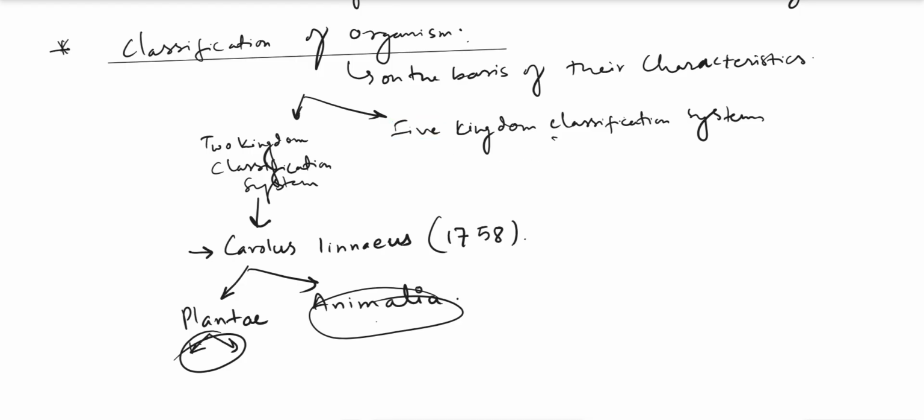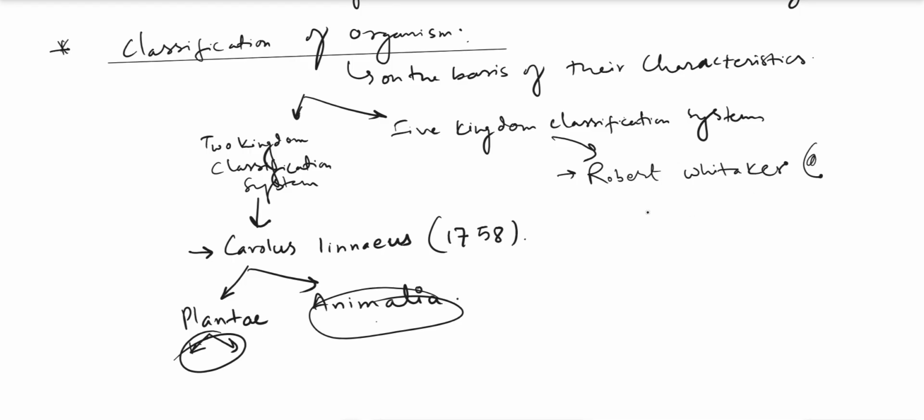Now, the next one is the five kingdom classification system. The five kingdom classification system was given by Robert Whittaker. Okay, he proposed the five kingdom classification system.